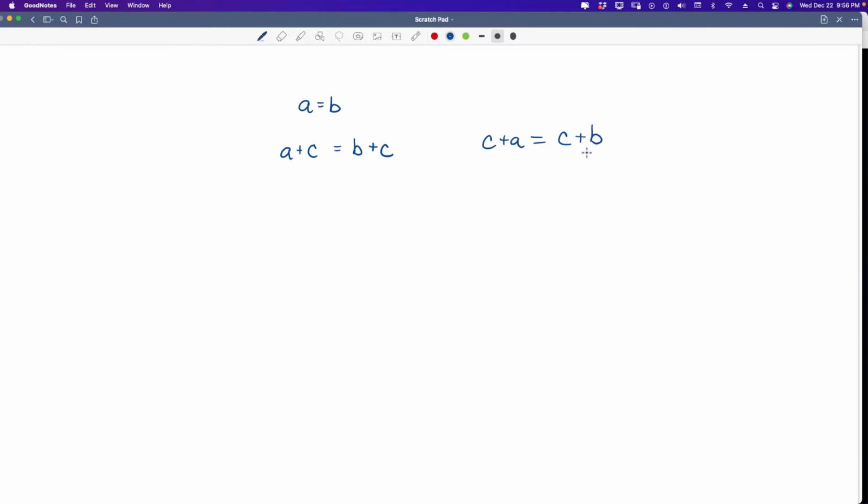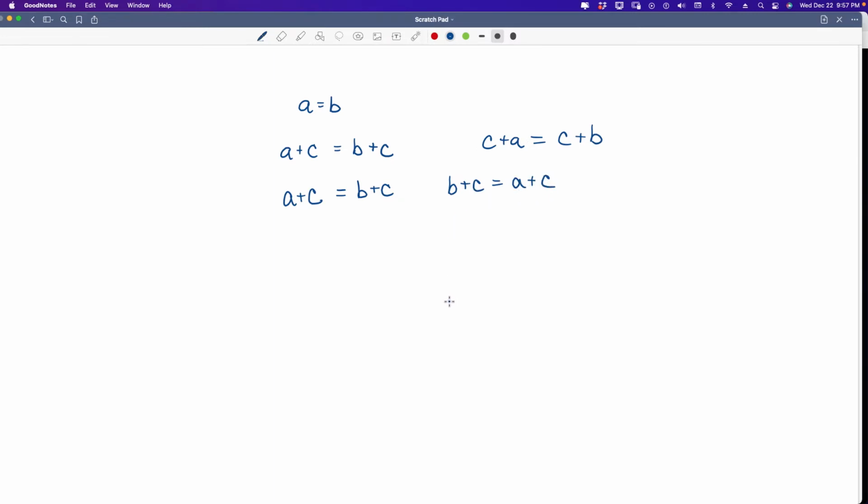If a and b are the same value, we should be able to substitute a and b for either one. That also means that if a is equal to b, then a plus c is equal to b plus c, where also b plus c is equal to a plus c.